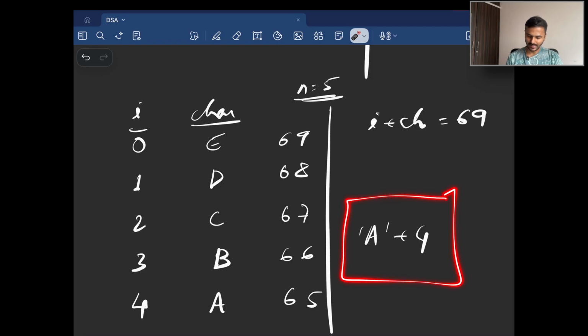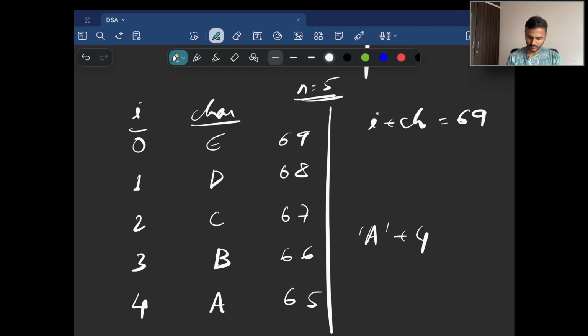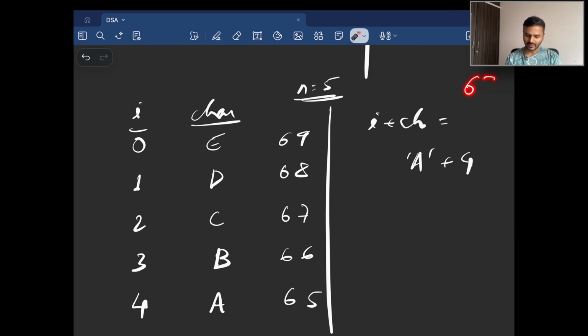So this is A plus 4. So can I write 69 as this? Can I say A plus 4? We can, right? Now we got rid of one constant, that was 69, but we got another one, which is 4 over here. So now let's try to determine where this 4 is coming from.